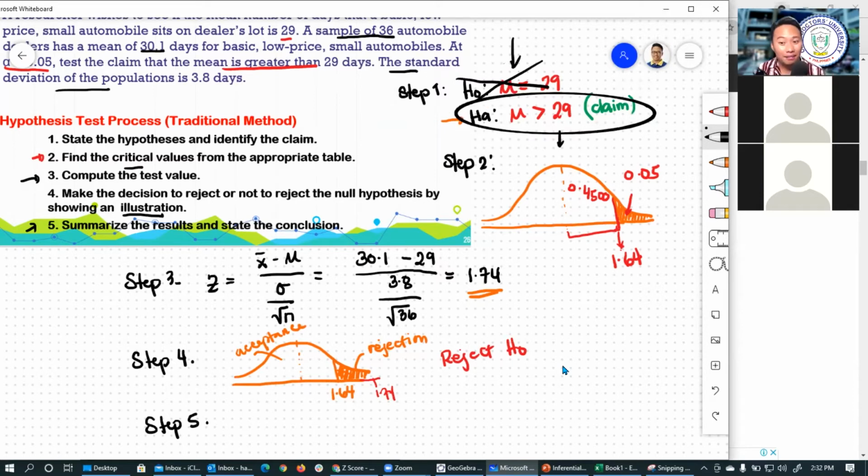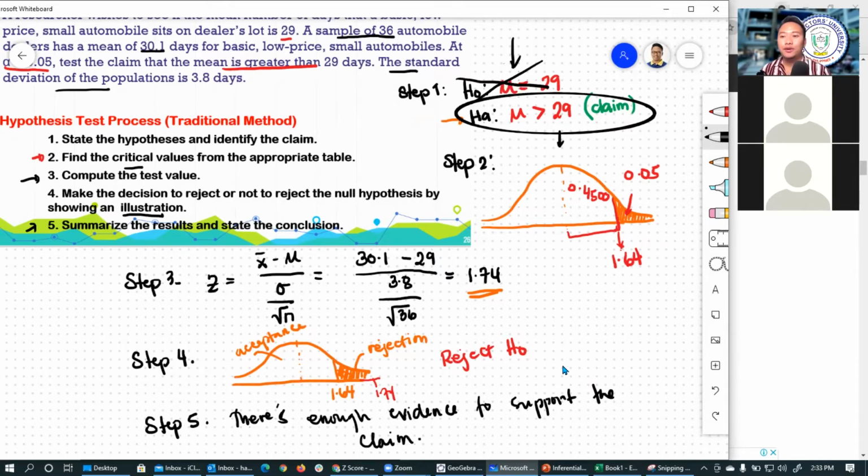Tama? So you can state whatever statement that you want to say that would imply the same thing nga akong isuwat karon. There is enough evidence to support the claim.